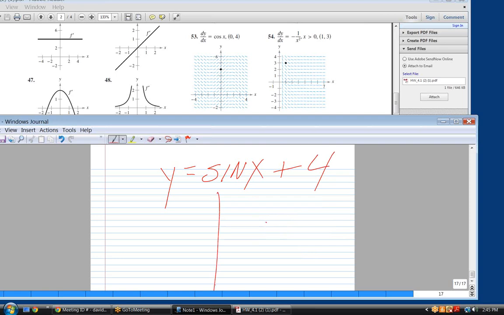In other words, we're looking at something that looks like this. And if it goes through that point right there, you could see that that's exactly what that will look like. And it goes all the way. It doesn't stop halfway in between like the previous one did.